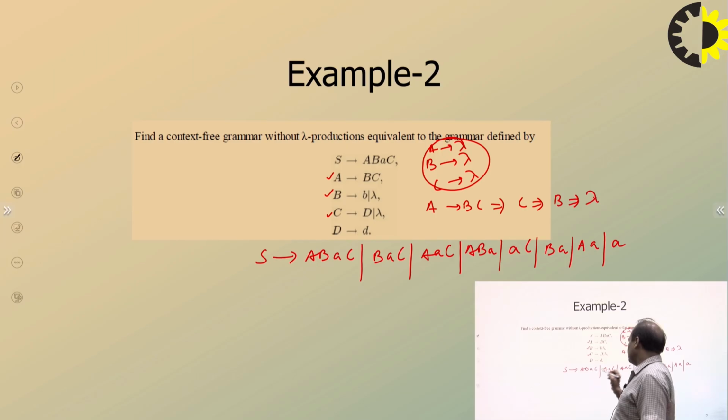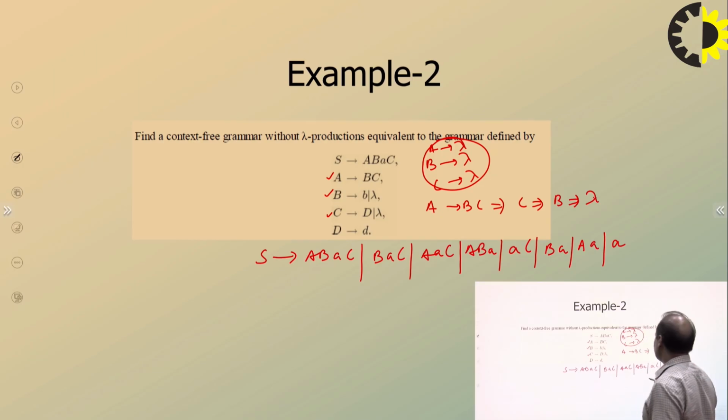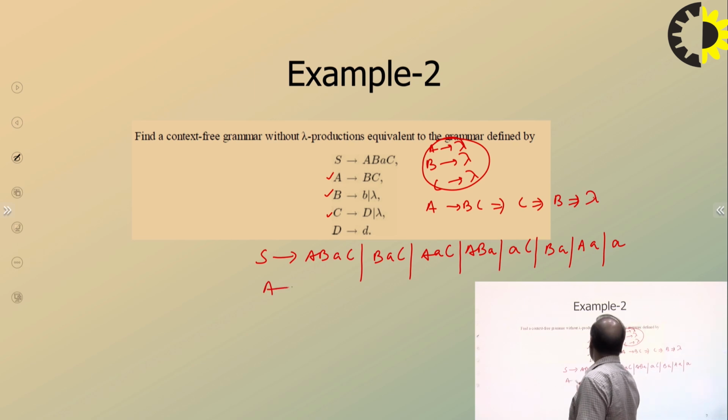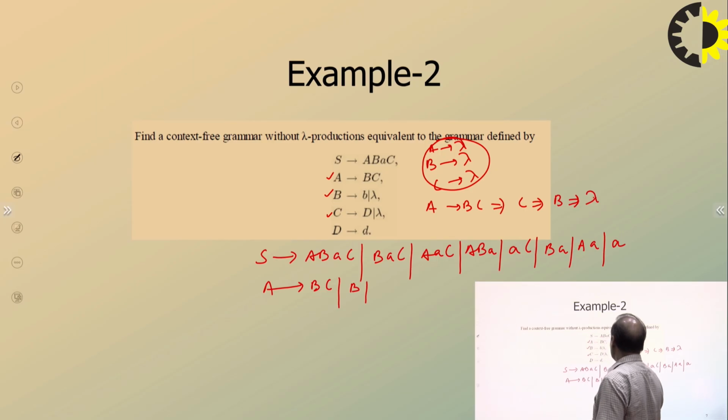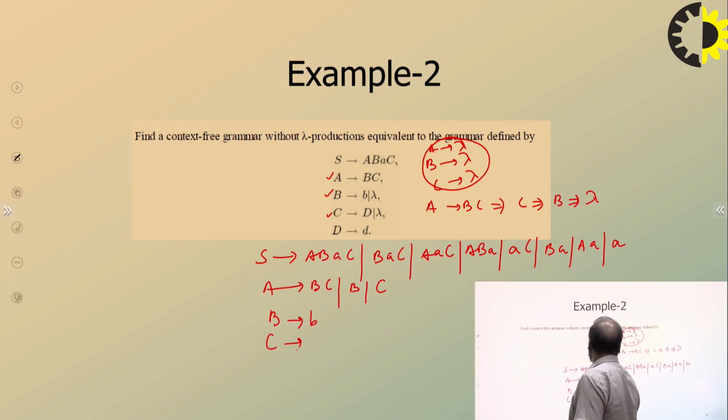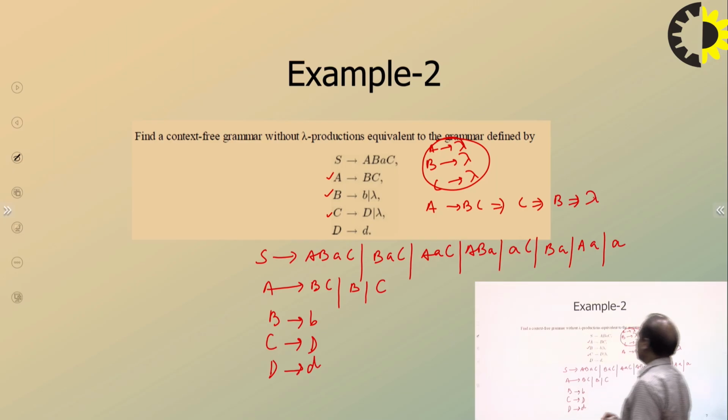Similarly you will get A goes to BC, B lambda you will get C, C lambda you will get B. Both lambda we are going to eliminate, and next is B goes to small b, C goes to capital D, and capital D goes to this. This is the grammar having no lambda productions.